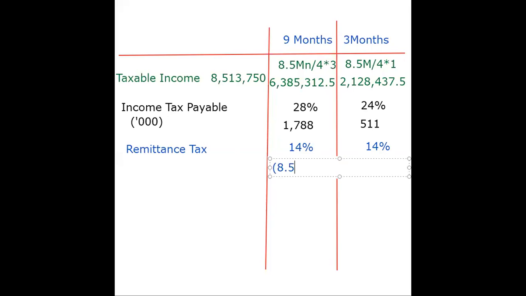Then how you are going to calculate is 8.5 million minus 8.5 million. I will take this part entirely out of this box. Sorry, 8,8750.